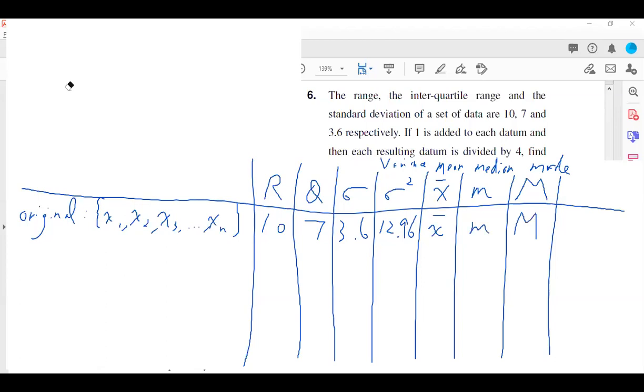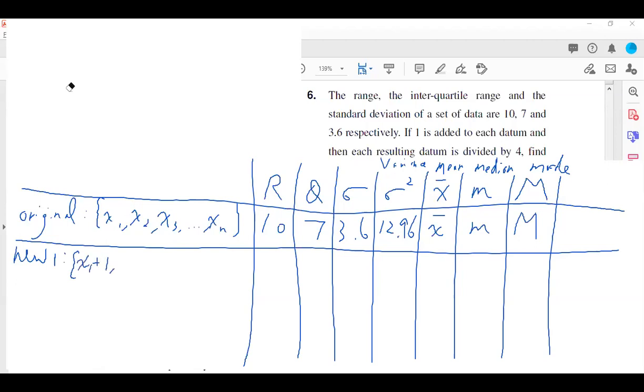Is okay？即係當係未知數先，得唔得？好啦，今次我哋做咗啲咩步驟啊？喺嗰啲 data 裏邊，new one is one is added to each datum, which means that it should be x1 plus 1, x2 plus 1, x3 plus 1, and then up to xn plus 1.